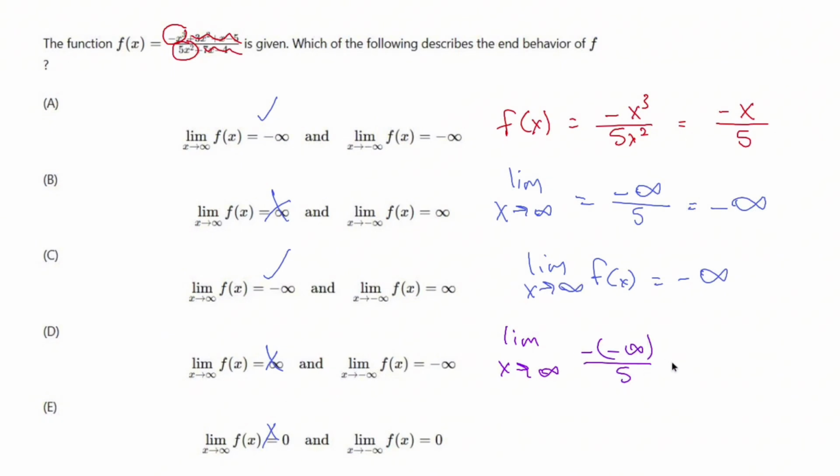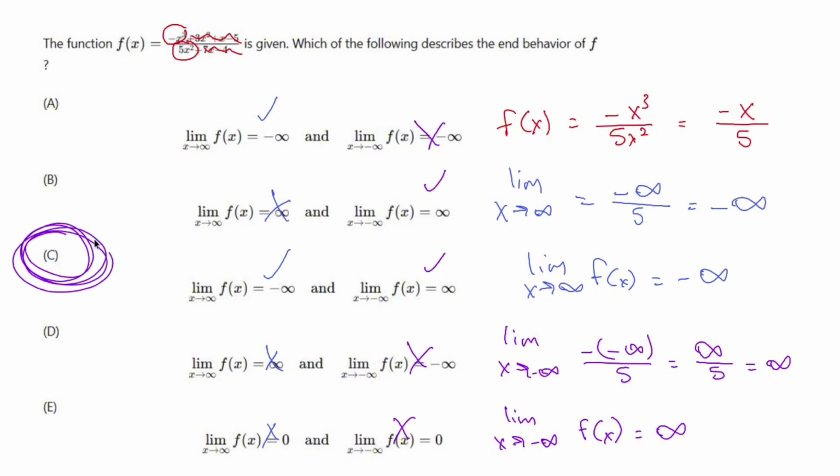Negative is positive, so positive infinity divided by 5 is still positive infinity. So as x approaches negative infinity, f of x goes towards positive infinity. That leaves us with C as our only option that will work.